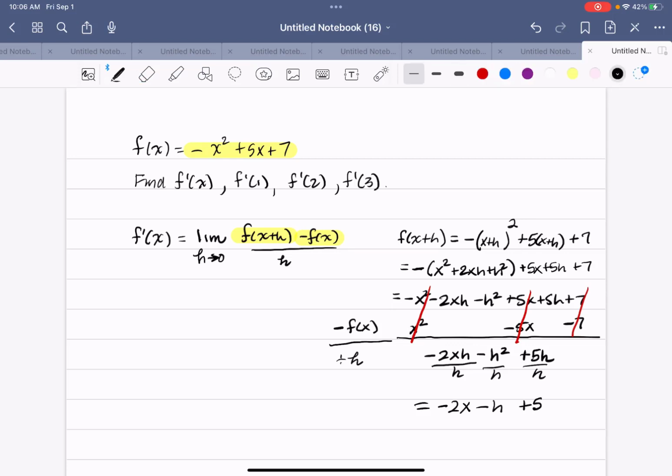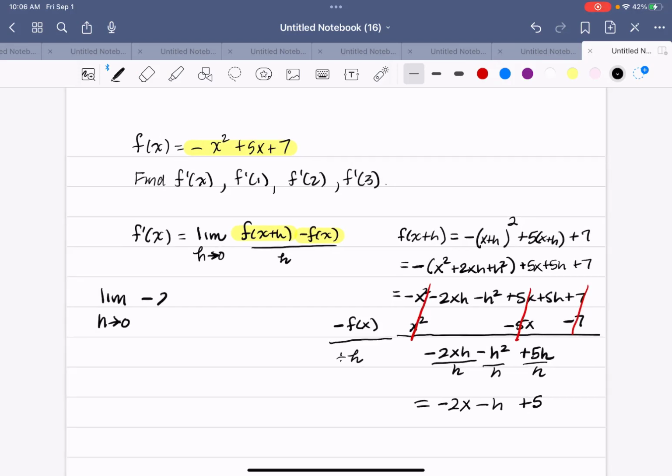And as soon as I take the limit of this, the limit as h goes to 0 of this formula, minus 2x minus h plus 5, I then have the formula for the derivative, or the instantaneous rate of change, for any value x on this function. So that's going to be a minus 2x, a minus 0 plus 5.